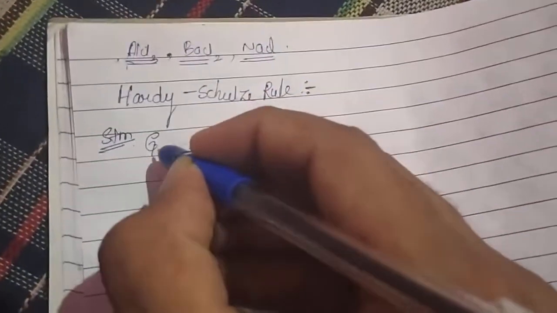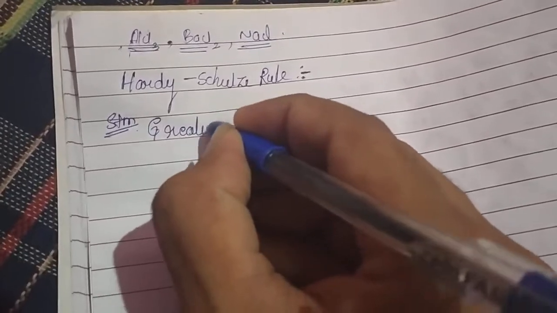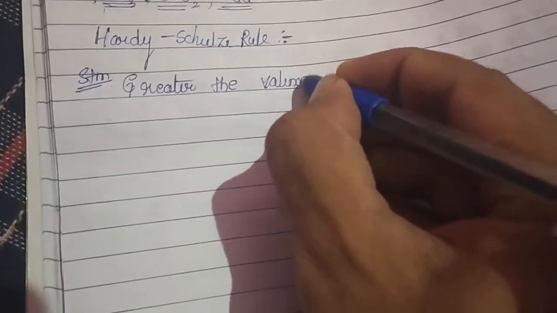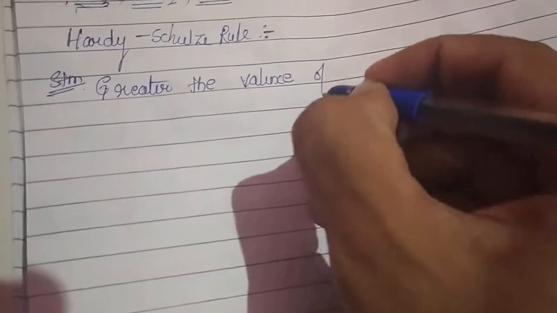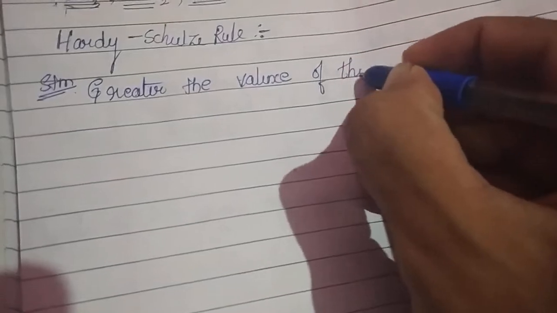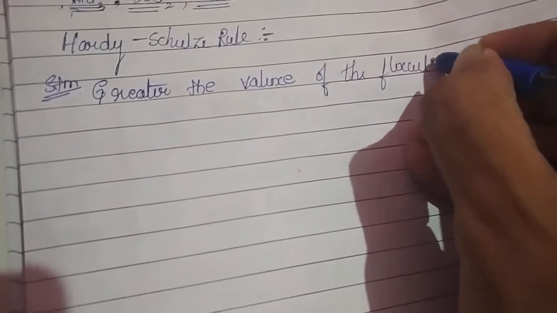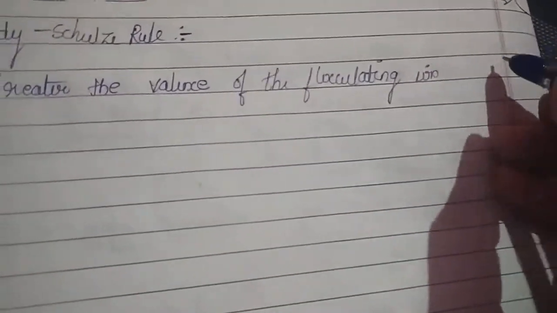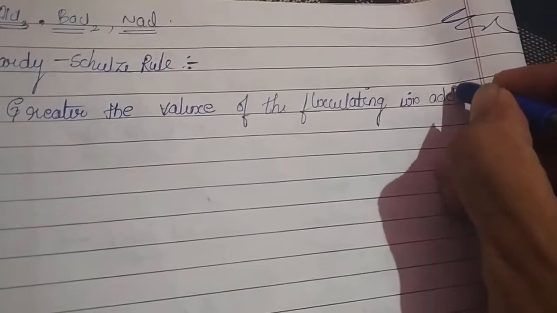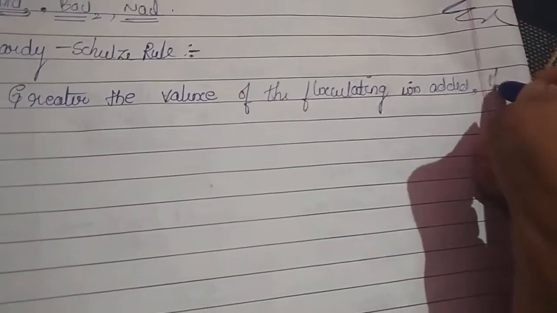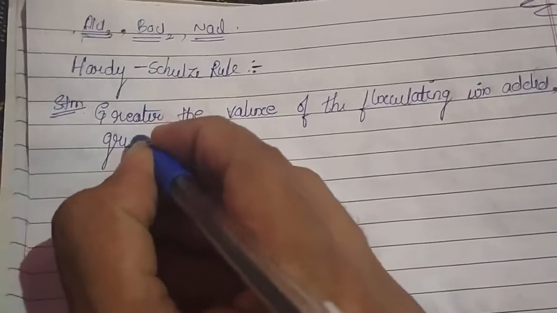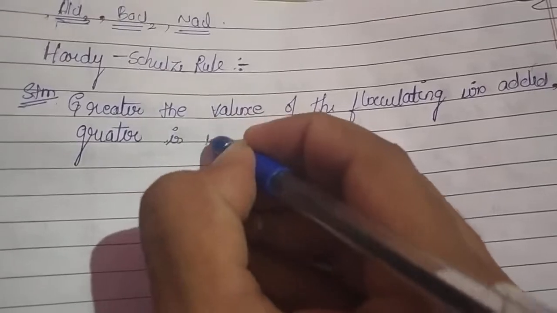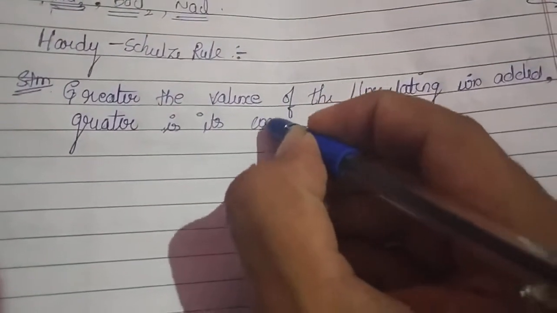So the statement is, remember, greater the valence of the flocculating ion which has been added to our colloidal system, the greater is its coagulating power.